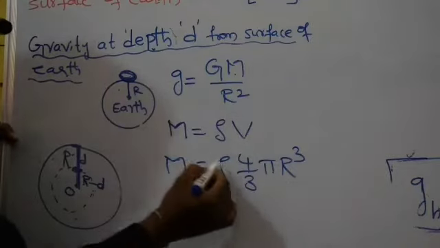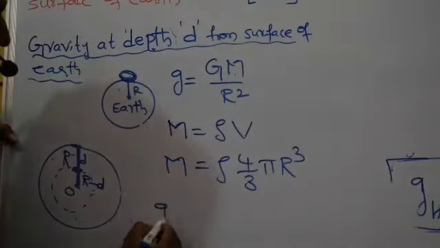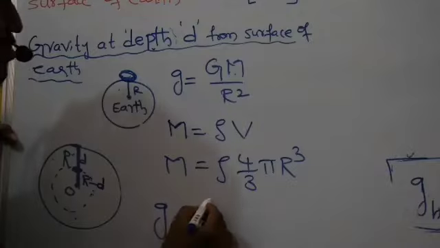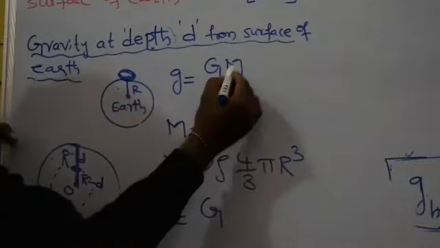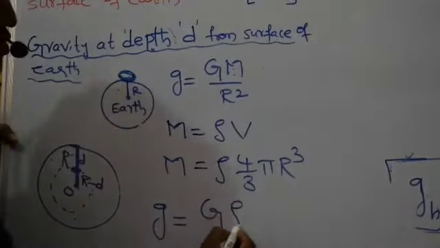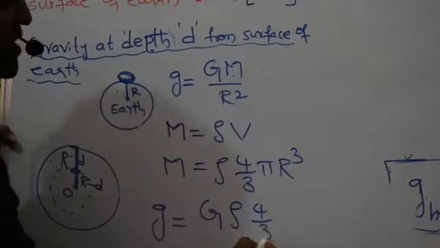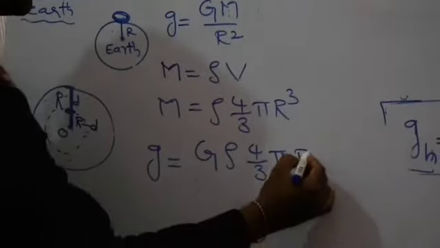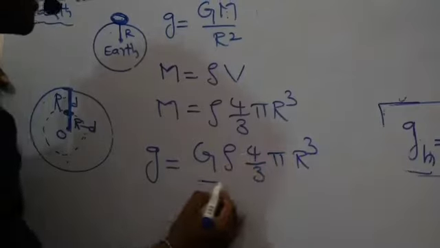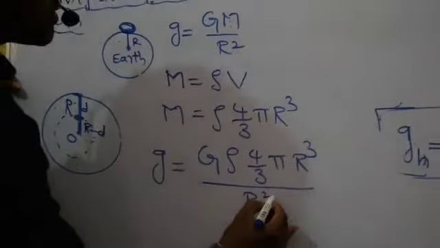Mass is equal to density times volume. Substituting this here, gravity on the surface of the earth, g is equal to G into rho 4 by 3 pi r cube divided by r square.